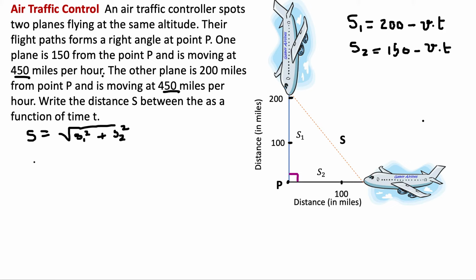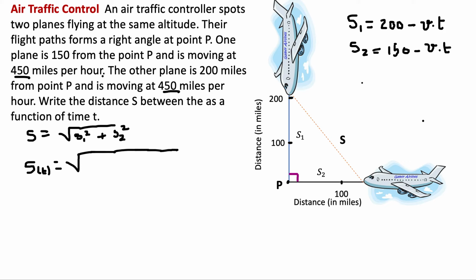Now the distance s we are writing in terms of the function t, so let me write s of t, so it looks a little more professional. And we can write now the square root, a little longer.